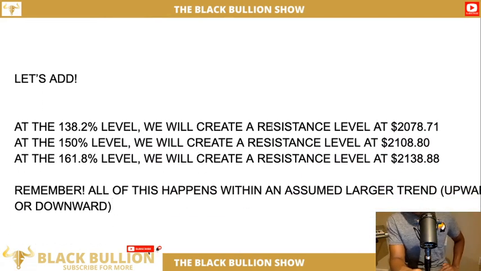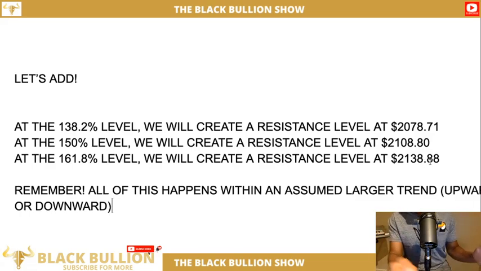We will create a resistance level at $2,078.71. At 150%, we will create a resistance level at $2,108.80. At 161.8%, we will create a resistance level at $2,138.88.